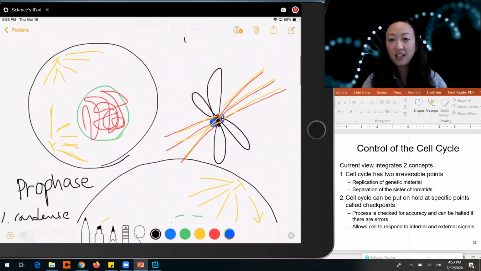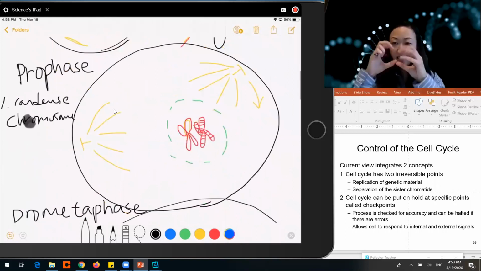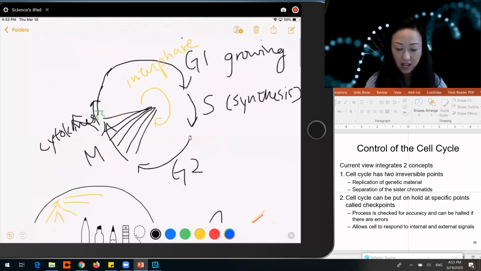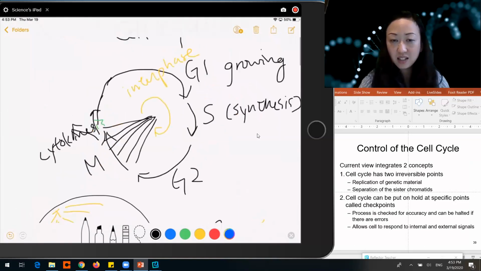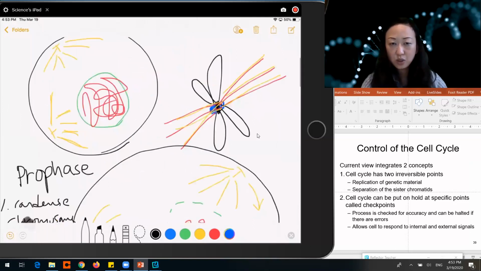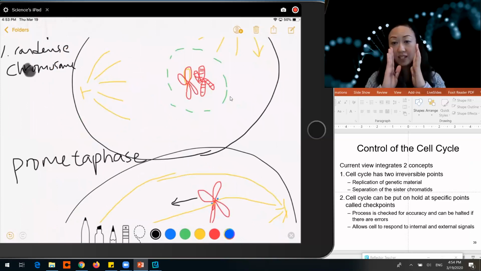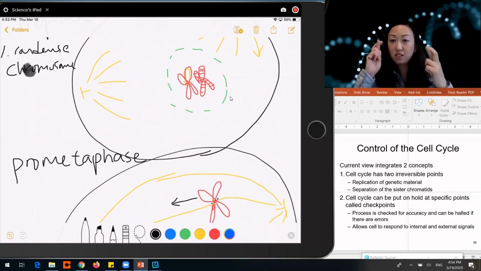Then at prophase, they condense, and that's when you see the structure, and you see two of them because the cell has gone through S phase, which means it has synthesized an identical clone of itself. I am drawing out one pair of homologous chromosomes that each have their twins, and they're holding hands. So there are now four chromosomes on here, mainly because there are sister chromatids, and then they're a pair.